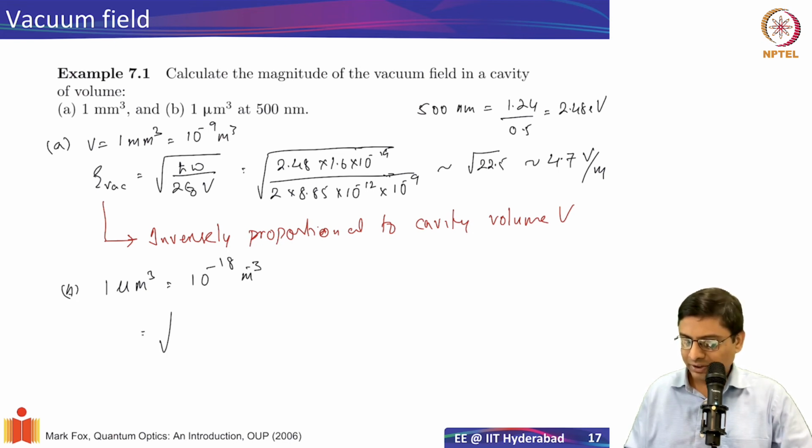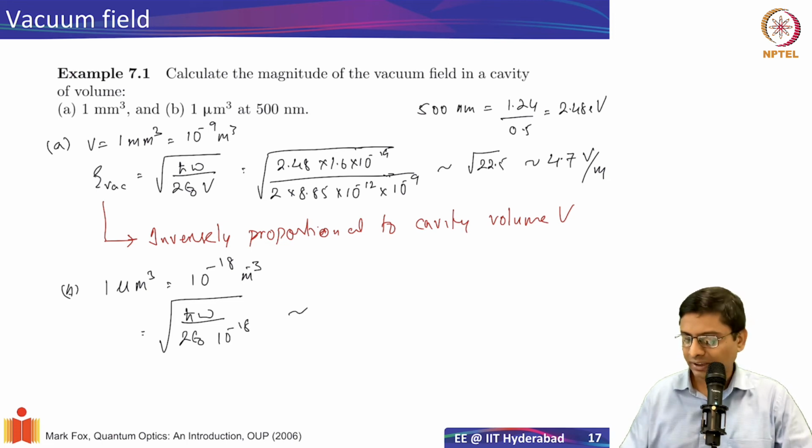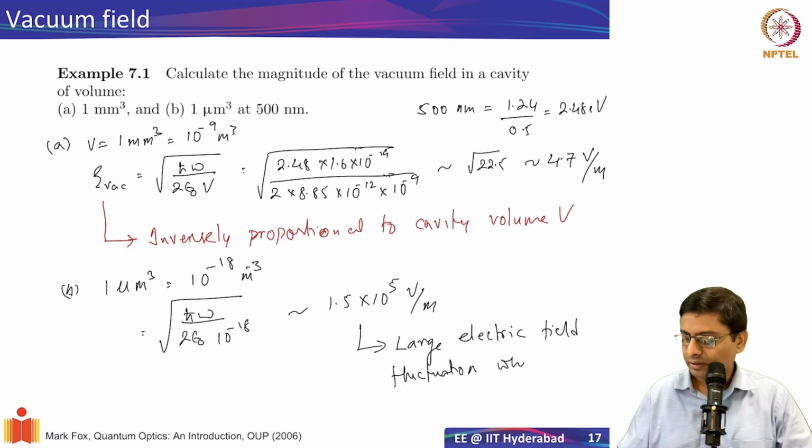The calculation is the same, but h cross omega divided by 2 epsilon naught into 10 power minus 18. If you do all this, it will turn out to be of the order of 1.5 into 10 power 5 volt per meter. So you see, this is a very large field. Large electric field fluctuations when the cavity volume V is small.